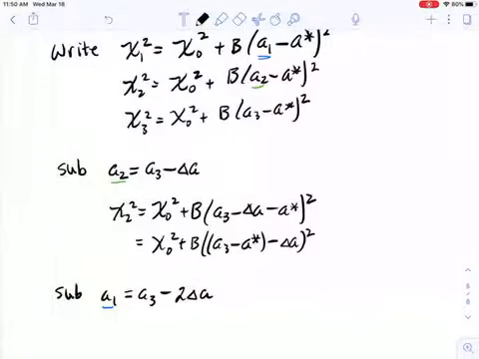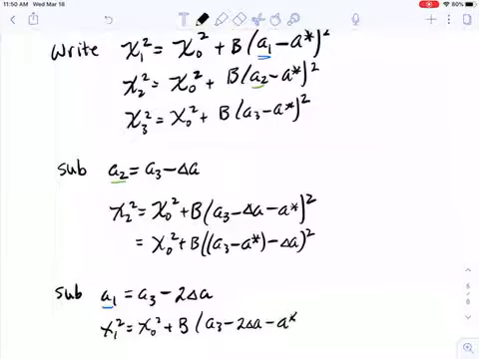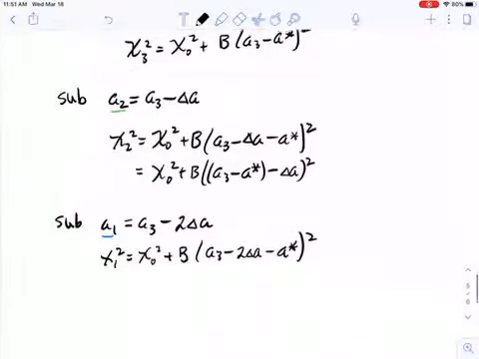Okay, so then we would get chi1 squared is equal to chi0 squared plus b times (A1 minus A star) squared, where A1 is A3 minus 2 delta A, then we minus A star, and then we square it.